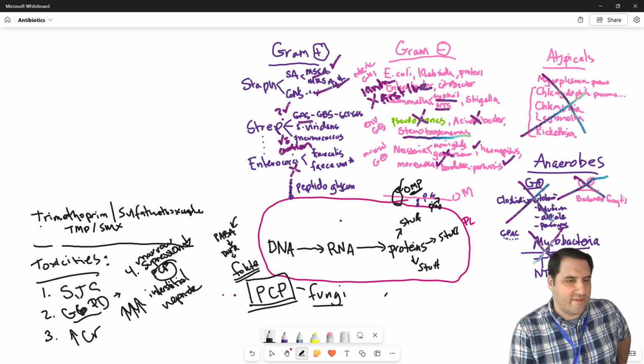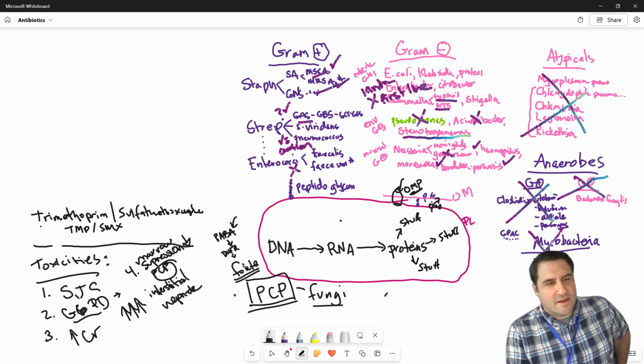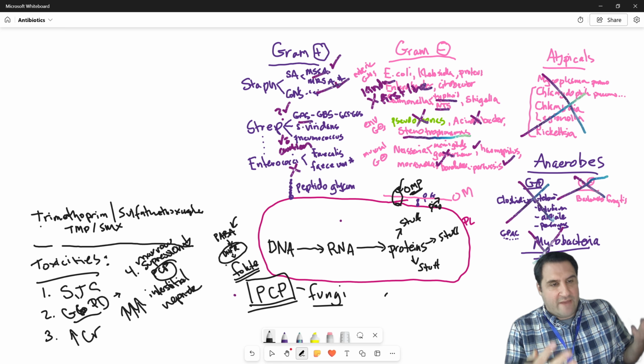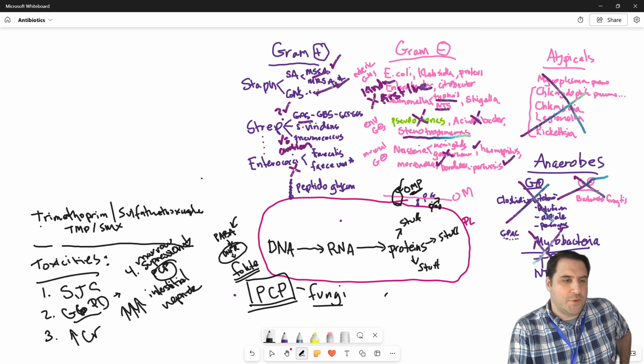Interestingly, humans do have a dihydrofolate reductase. Once we have folate, we also have to reduce it for it to be useful to us.